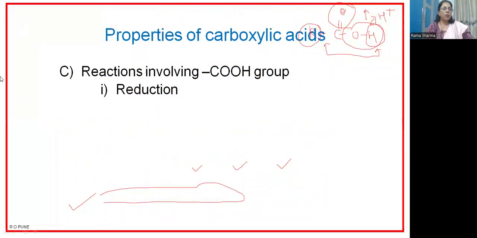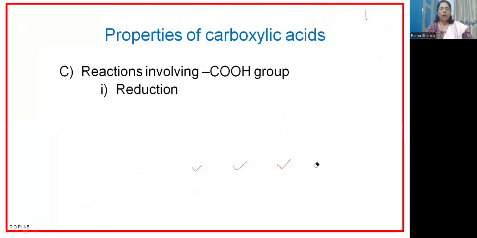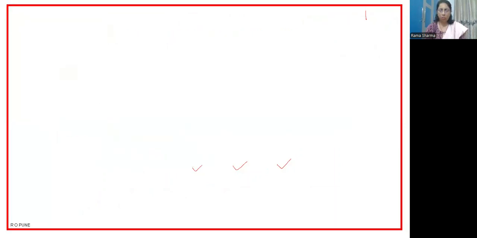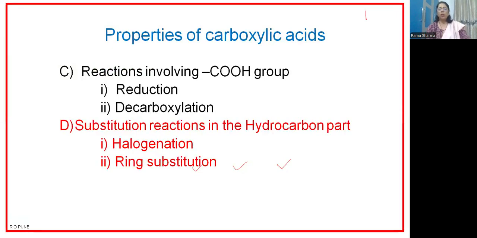In reactions involving the COOH group, there is the reduction and decarboxylation, and we will study those two types of reactions here. Then there are substitution reactions in the hydrocarbon part, that is halogenation and ring substitution. Both types of reactions we will go through.